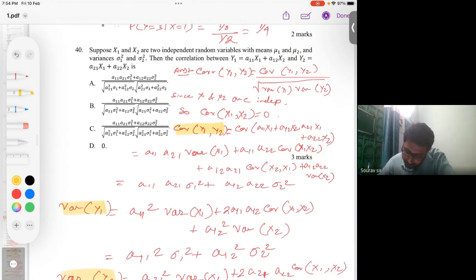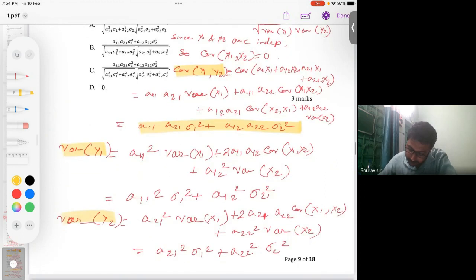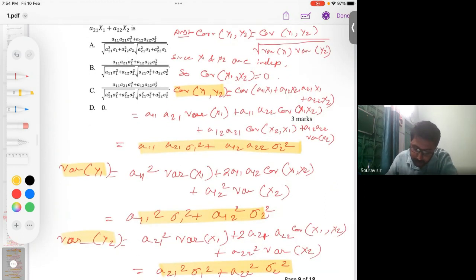Just put these values into the formula of the correlation coefficient, which I formulated earlier, and you will find it is similar to option C. So the correct answer will be option C.